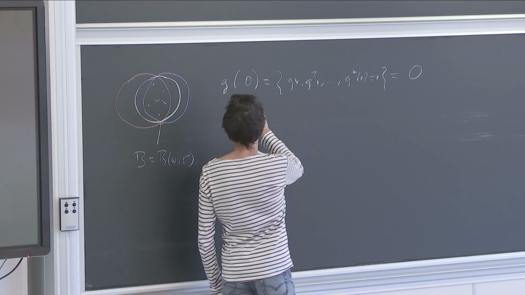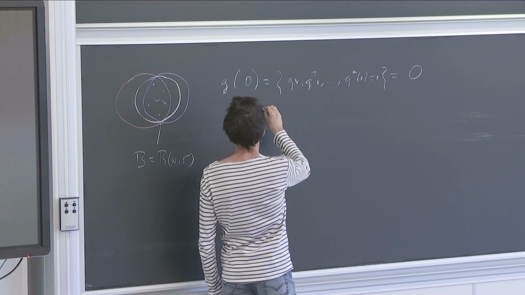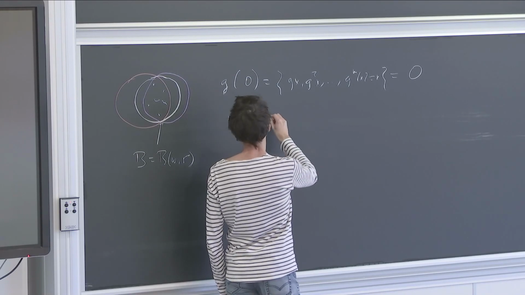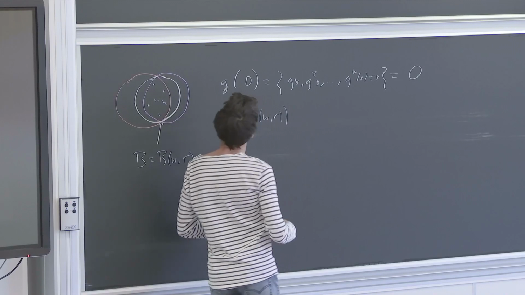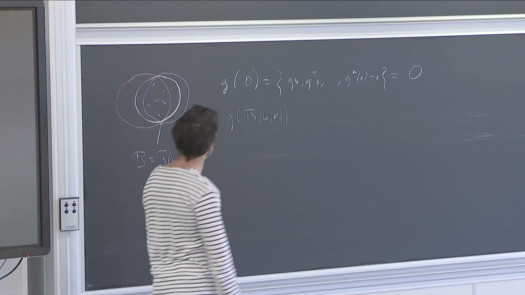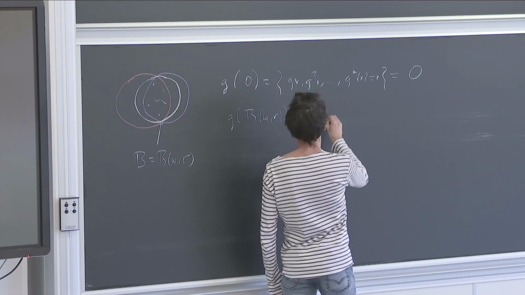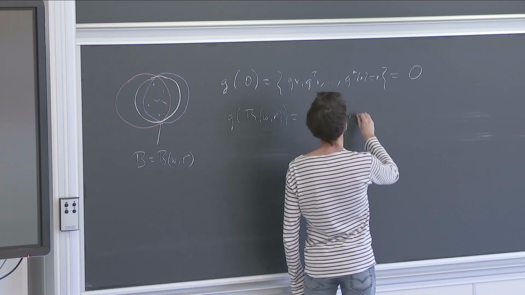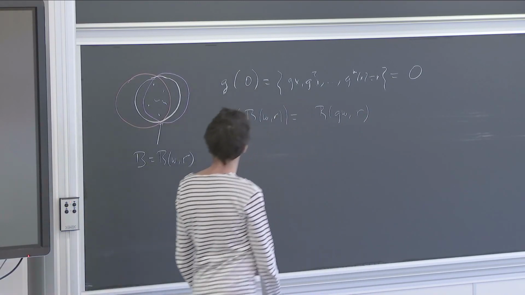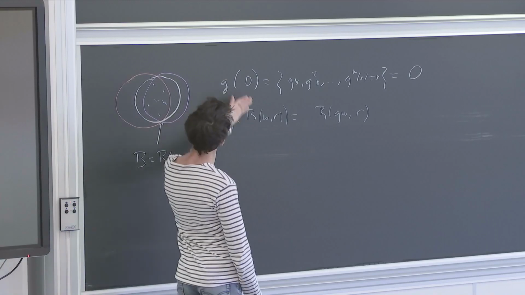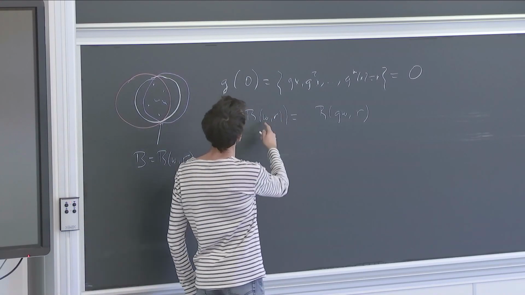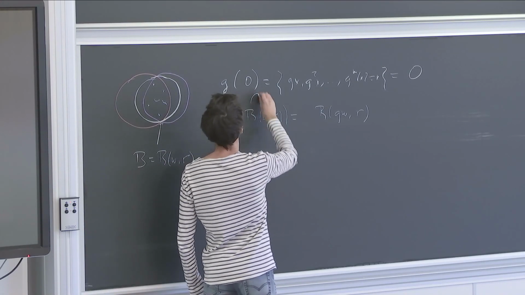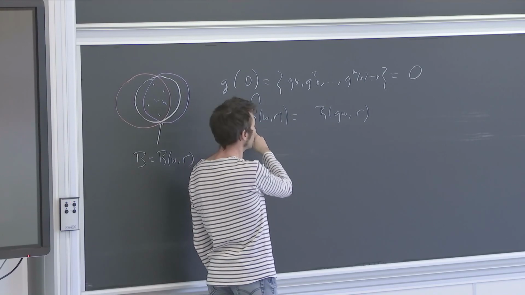And so because the group acts by isometries, the image of a ball is a ball of the same radius. So here it will be a ball centered at g of w of the same radius r. What do we know? We know that since O was a subset of the ball B, the image should be a subset of this ball.